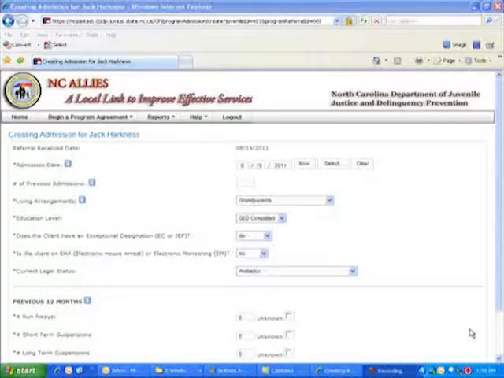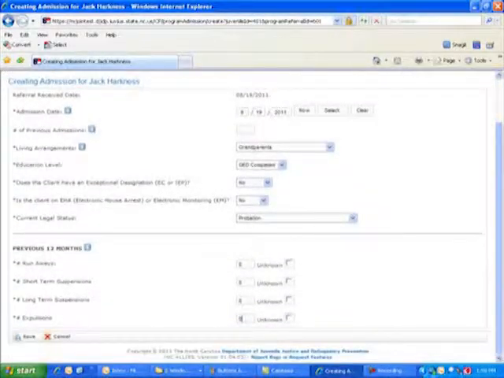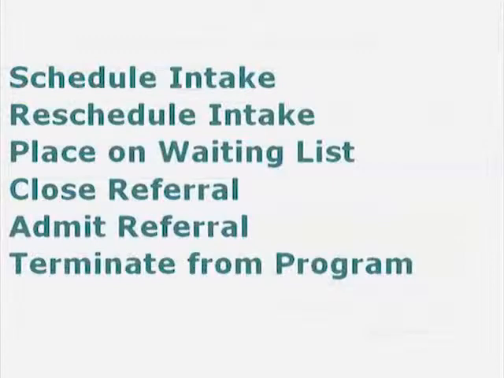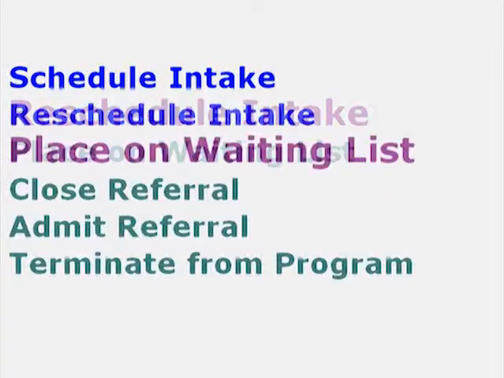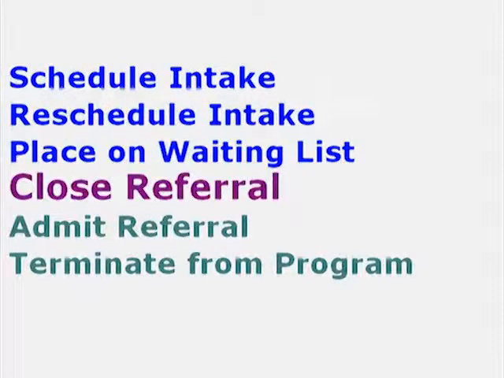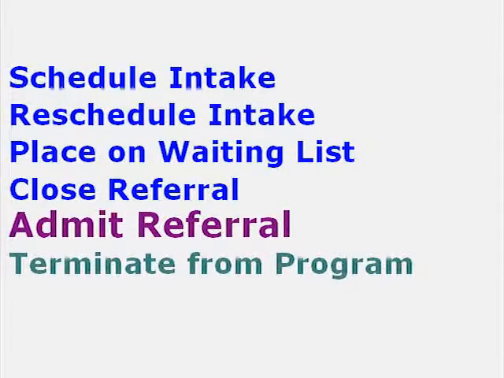First, enter all known information, especially for required fields. Then click on Save. The screens vary in complexity. Schedule Intake has no drop-downs. Reschedule Intake, Place on Waiting List, and Close Referral have 1 each. Admit Referral has more, but the actual number displayed is flexible, responding to information you have entered.